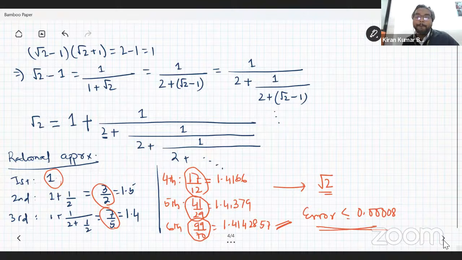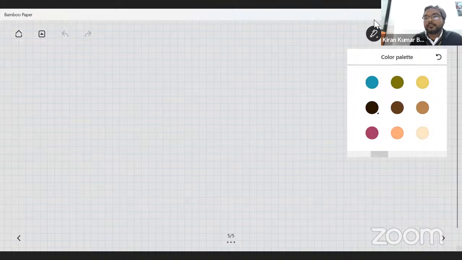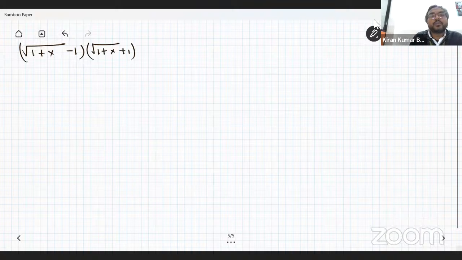And not only irrational numbers, we can also find continued fractions of functions. So let us consider one such function. Again, √(1+x) − 1 over √(1+x) + 1.